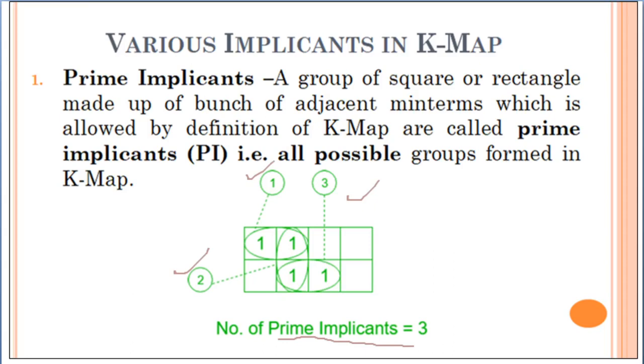That means the main objective of finding the prime implicants is to minimize our function. Clear?